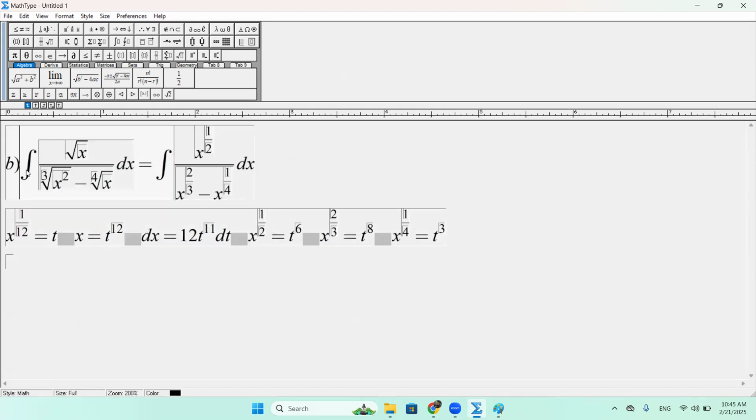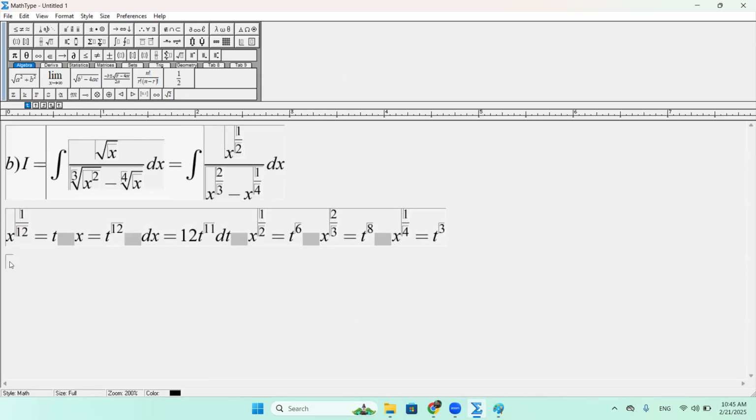So writing down the new rationalized integral. So t in power of 6, and let's multiply it by 12 t in power of 11 dt. Then t in power of 8 plus t cube.